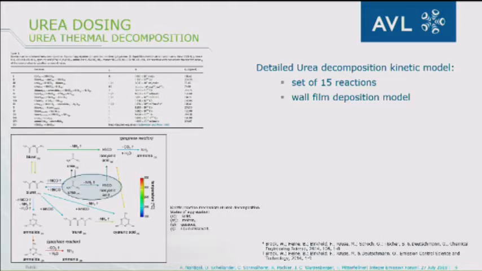The basic one is thermolysis, which produces the ammonia as source for the NOx reduction. Then biuret in molten phase, which is considered as a starting point for the other deposits, which are then in the solid state. This we would like to avoid in our exhaust system.